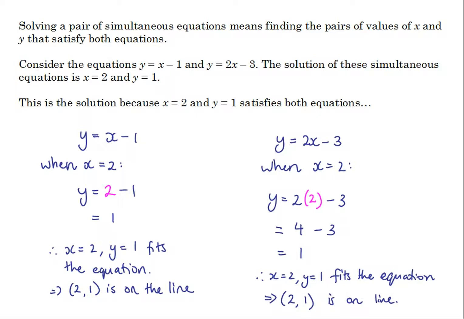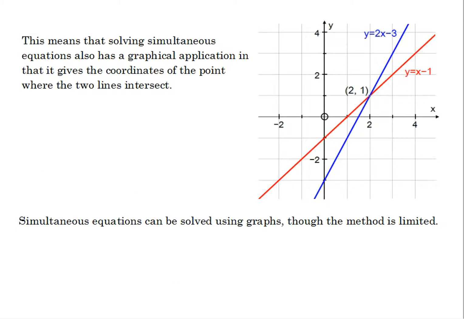Thinking about this graphically, we're finding a pair of x and y values that fit both equations, which means we're finding a point which is on both lines. What we're finding is the point of intersection between the two linear graphs. So we can use a graphical method to solve simultaneous equations. It is quite limited because it relies on accuracy.